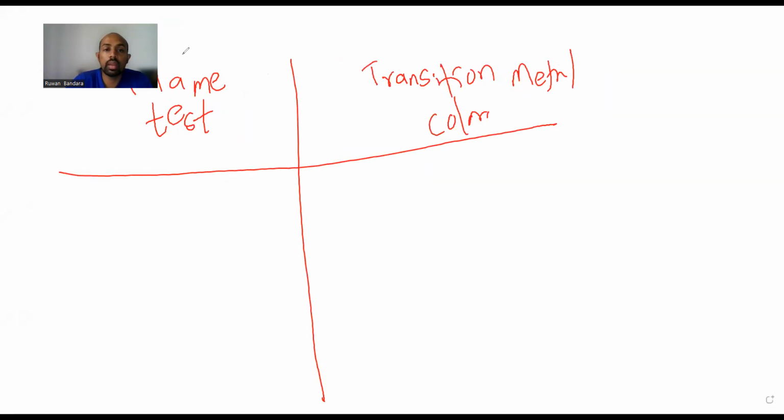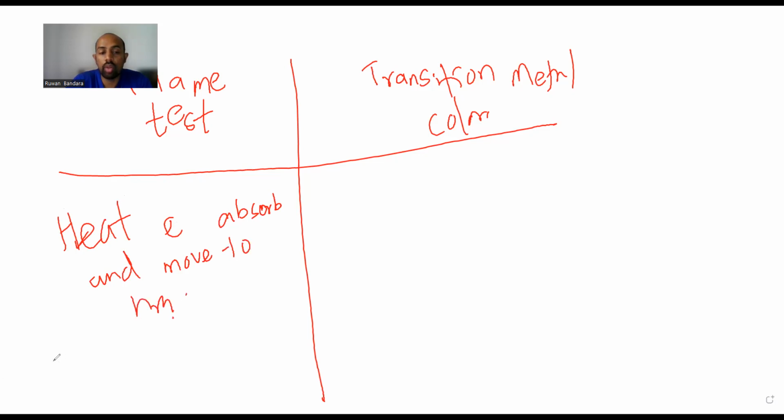So here in the flame test, when you heat, electrons will absorb energy and move to a higher level. If this is the ground state, this is the higher state.